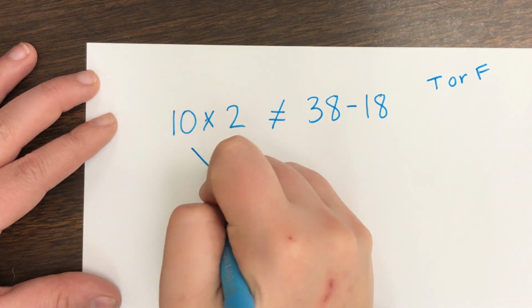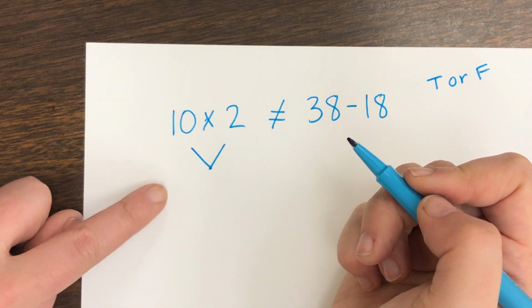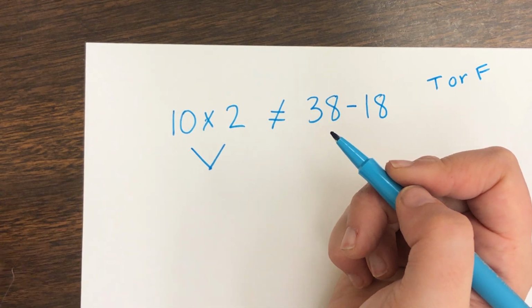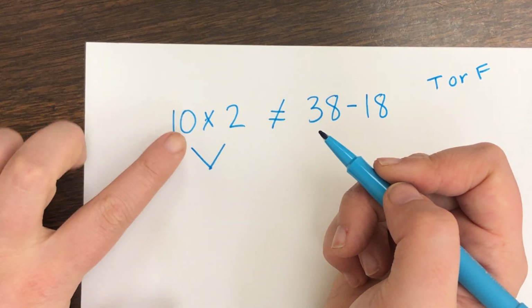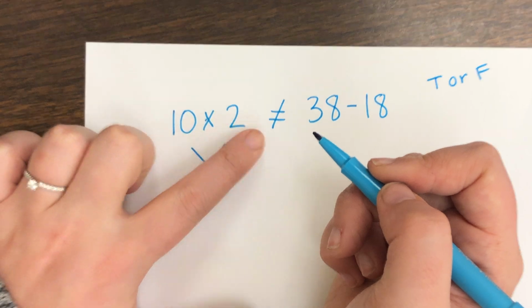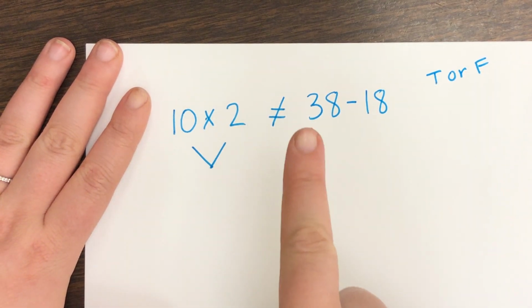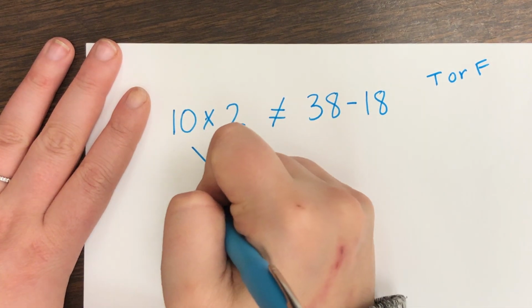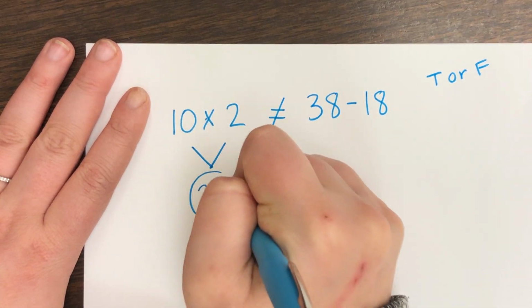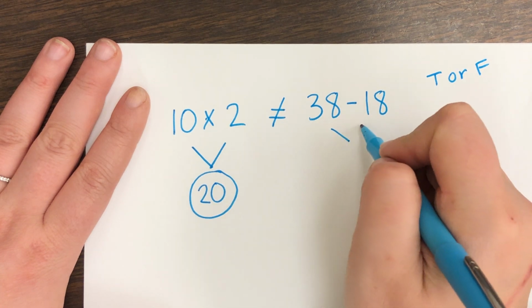So let's start by solving this side. 10 times 2, we know that this is just 10 doubled, or we could just say move the 0 to the end of 2, or we can skip count by 10s. I'm going to skip count by 10s 2 times. 10, 20. So I know this one super easy to figure out. 20. And then we're going to solve this side over here.